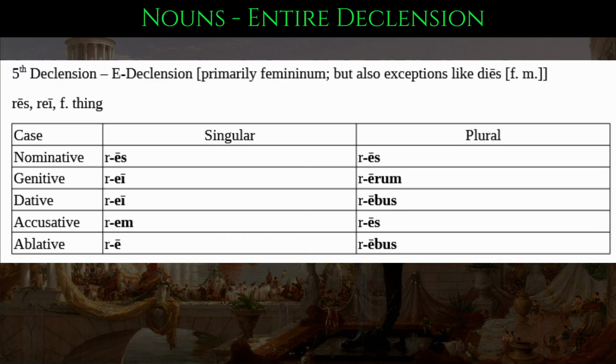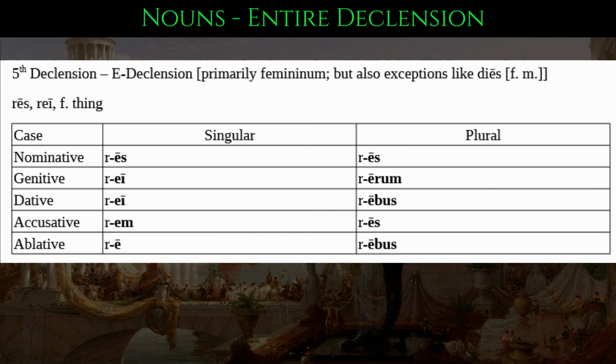And finally, the last, the fifth declension or E declension. This one is primarily femininum, but has also exceptions like dies, which is actually femininum and masculinum. But first, the purely femininum. Res, rei, rei, rem, re.